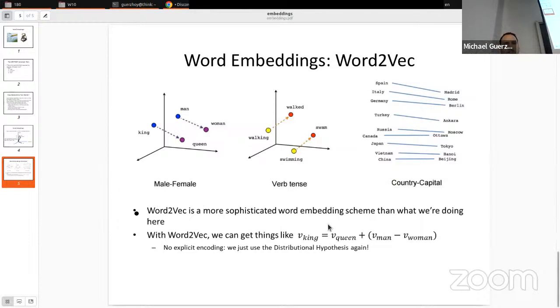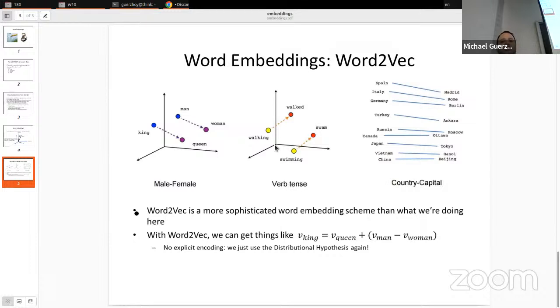For example, moving from the vector for king to the vector for queen goes in the same direction as going from man to woman. So you can take the vector for queen, add the difference between the vectors for man and woman, and that will get you approximately to the vector for king.